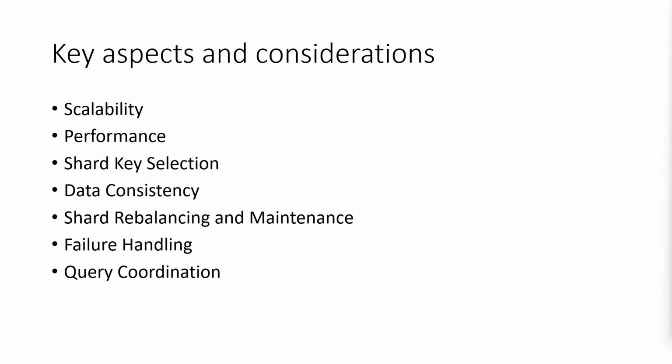Then the next one is data consistency. Now when you're splitting your data or when you're creating shards, it will create a data consistency problem. Here we talk about data being distributed among multiple nodes.